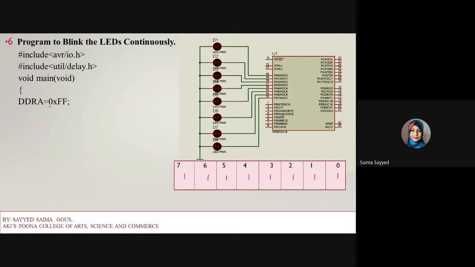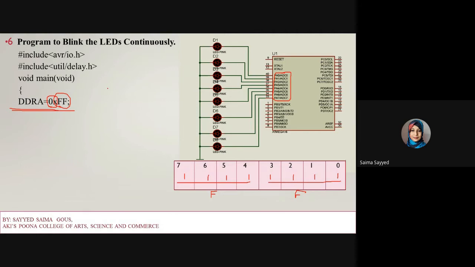This 0x represents a hex number. Convert this binary number to hex: this nibble is 15, and this nibble is also 15. 15 in hex is represented by F. So both four-bit groups become F, and the value I have passed is FF, which means this particular port is used as an output port.